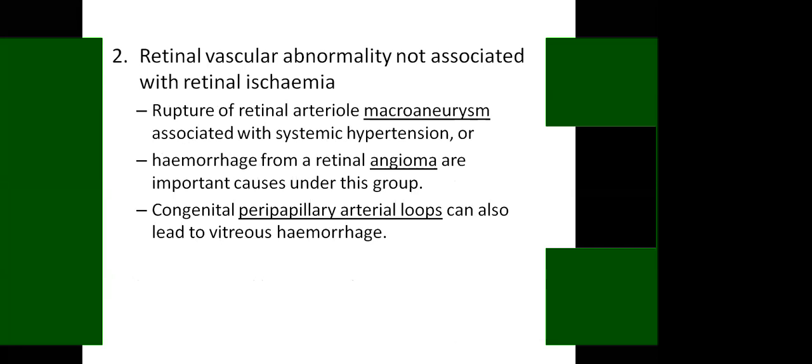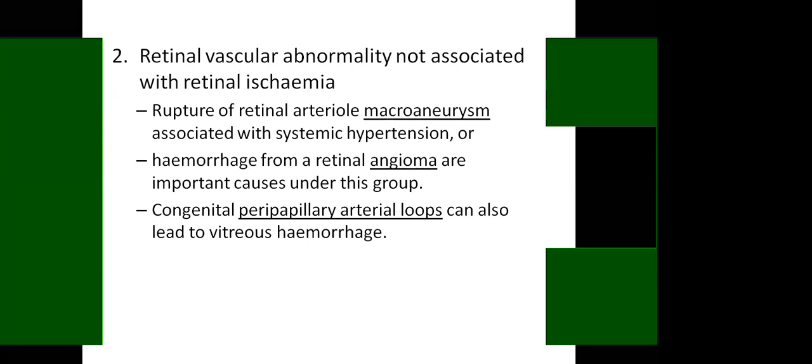Then there's the second pathogenic mechanism, which is a retinal vascular abnormality not associated with retinal ischemia. So these abnormalities tend to have abnormal vessels, and that's why they may bleed even in the absence of ischemia.